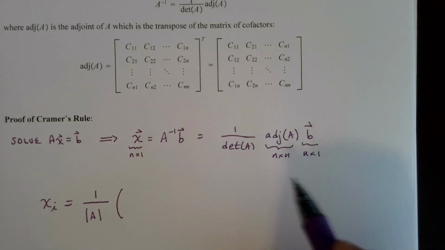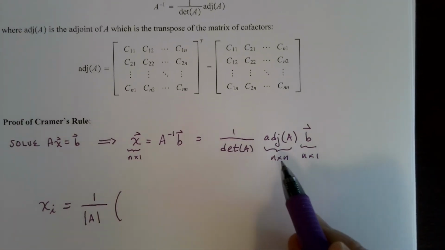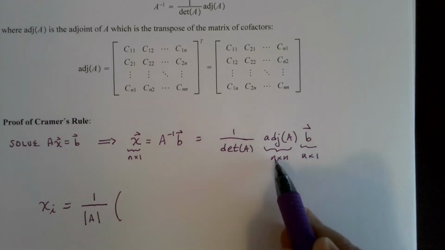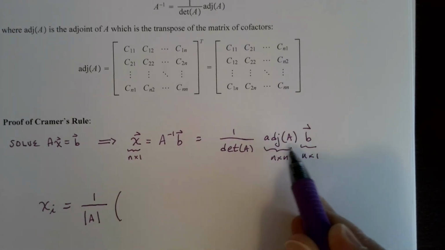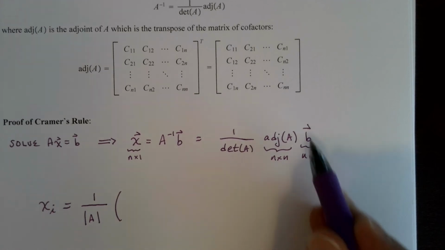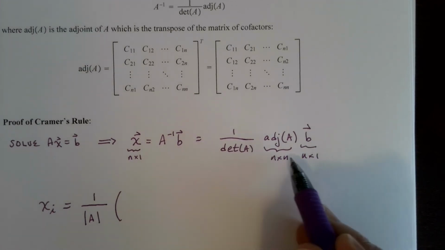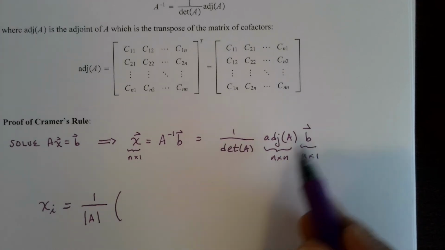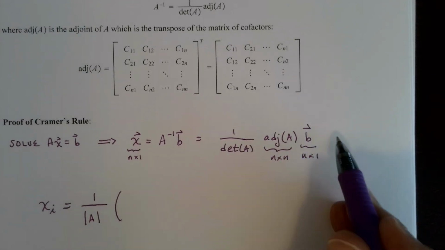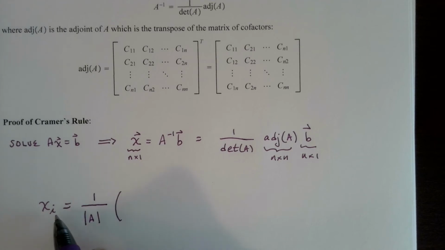And what do we have here? When I do this matrix multiplication, how do I compute the entry? It's the row dot the column, and there's only one column here, obviously, so I just take the first row of the adjoint of A times the column, I get the first entry. Second row times the column gives me the second entry, and so on. So here I'm doing the ith row.